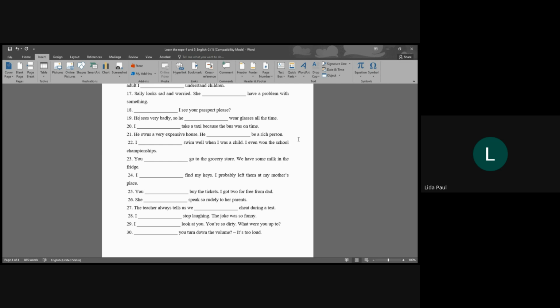But given the gravity of the situation, "she can't speak so rudely to her parents" is also a possible answer, but not couldn't. Couldn't doesn't have any meaning connected to certainty or, for that matter, obligation. It has got nothing to do with that. So use mustn't or can't. Both could be okay, but not couldn't.